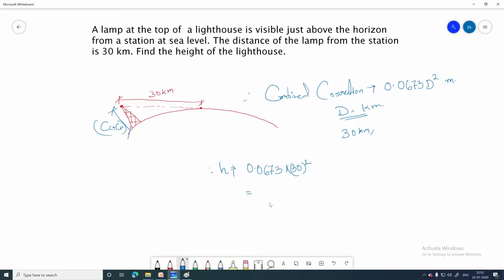So the value that we get is 60.57, and the unit is meter. Okay, so very simple one. This type of problem might come in the semester.